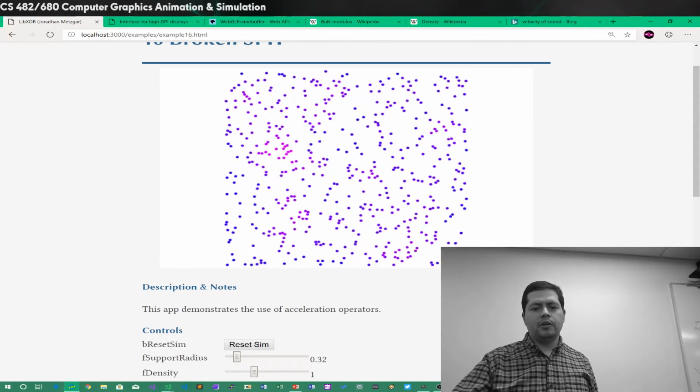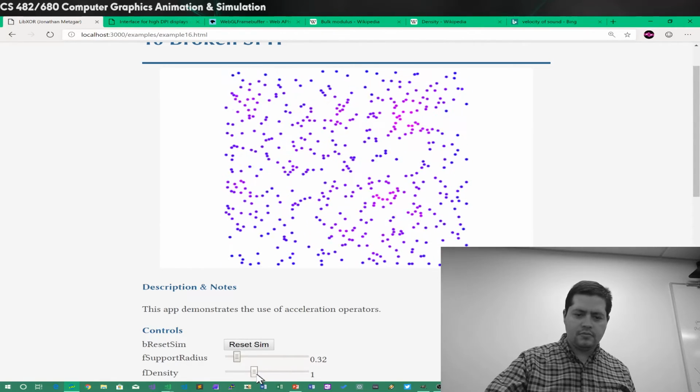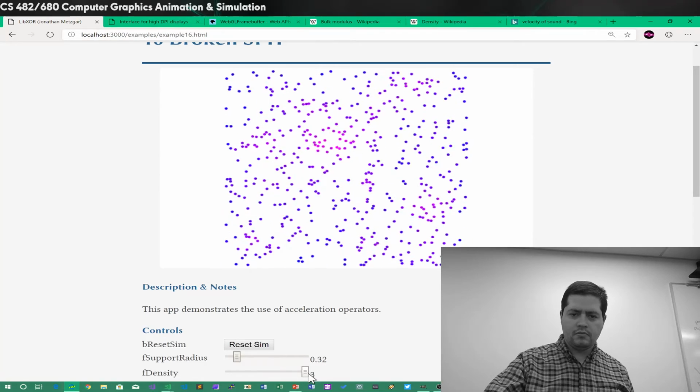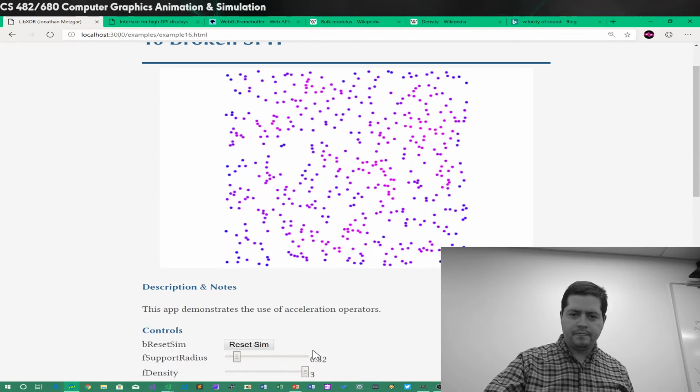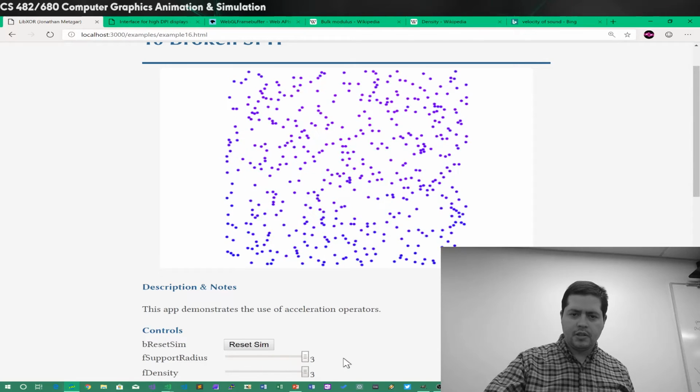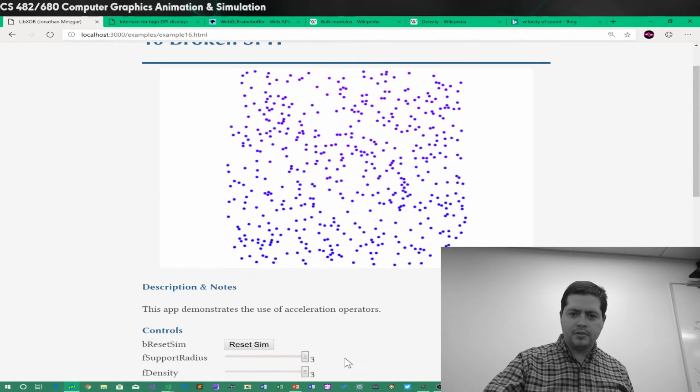Let's see if it's going to cooperate with me. It seems to be doing the grouping thing. Well, if I set it all the way up.